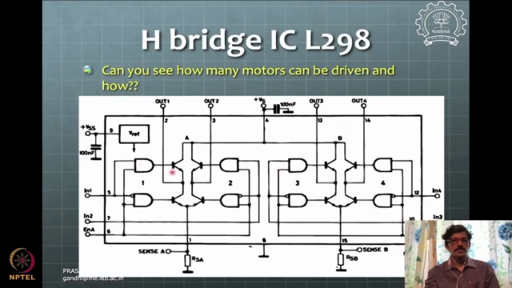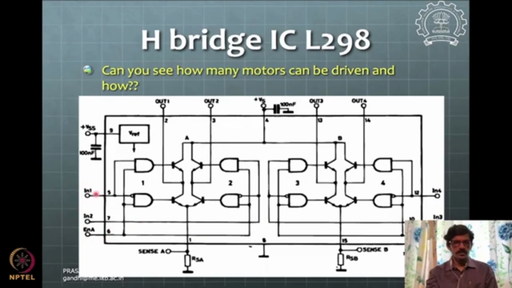It has some gates to operate, and so one can figure out from this kind of block diagram of the chip how this chip can be interfaced with your microcontroller and what is to be connected to the motor to drive it. Think about this, we'll have this as an important exercise to be done.